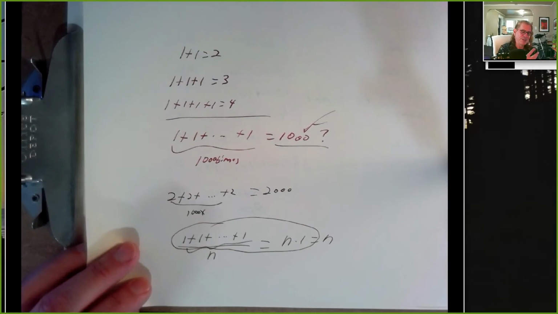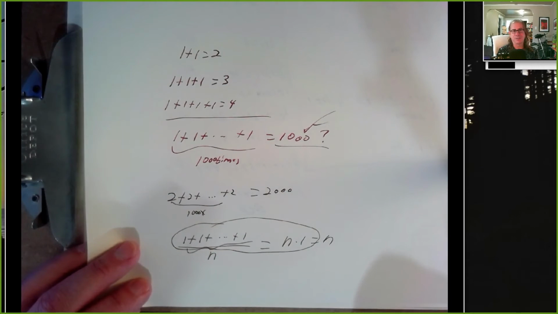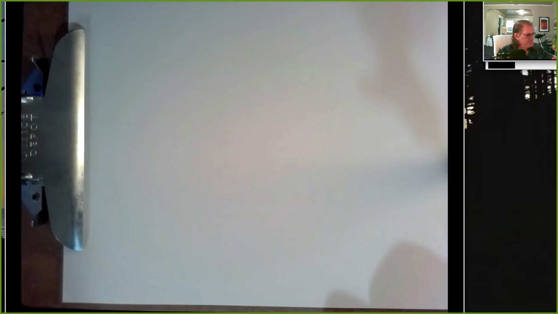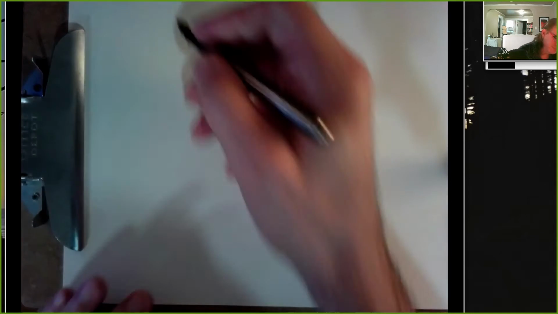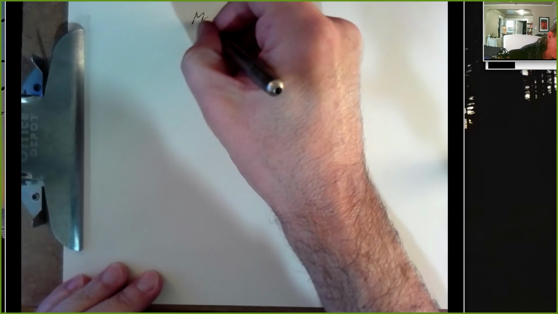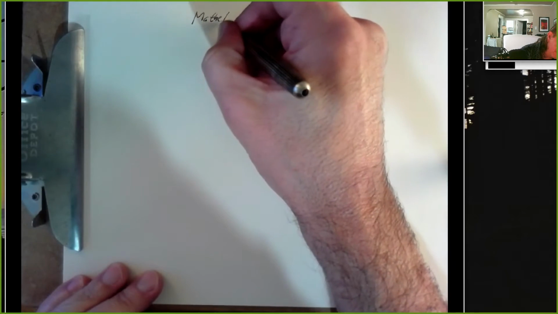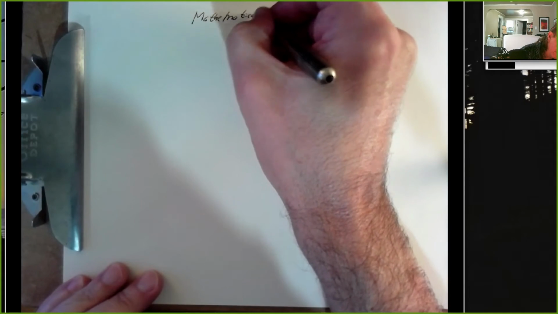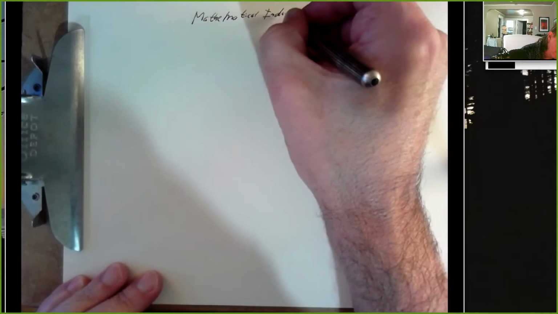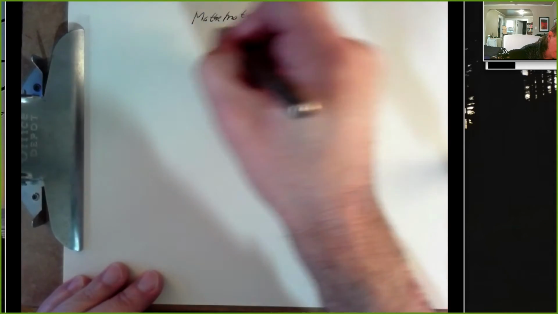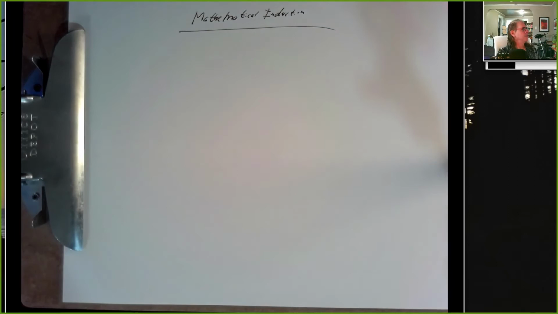Okay, the way we generalize it is a theorem called mathematical induction. So mathematical induction is a really powerful theorem, and let's state it formally. So what does this say?